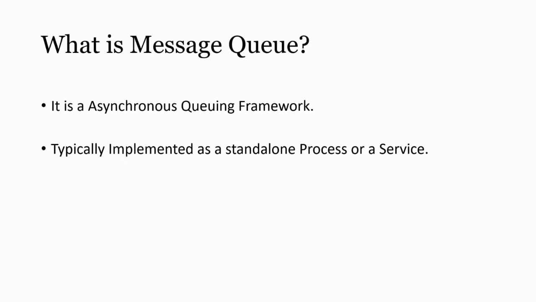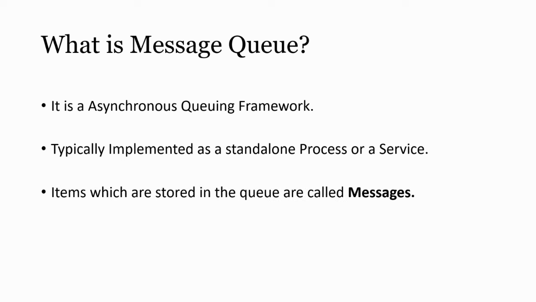It will be a standalone process in itself, or it will be implemented as a service, running as a Windows service. In Windows, there is a messaging framework called Windows Message Queue, or MSMQ. Apart from that, there are many other open source and third-party messaging frameworks available, such as RabbitMQ, ZeroMQ, etc. So it is typically a standalone process in itself, or it will be implemented as a service.